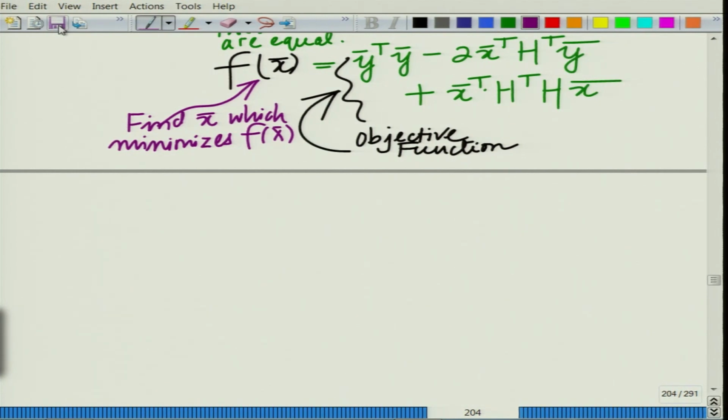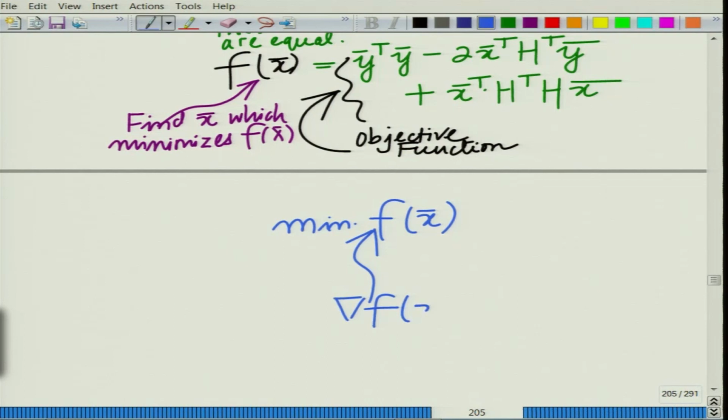framework, the Karush-Kuhn-Tucker framework. To minimize f of x bar, like an optimization problem you are all familiar with, compute the gradient with respect to x bar and set it equal to 0 to find what is known as the stationary point.